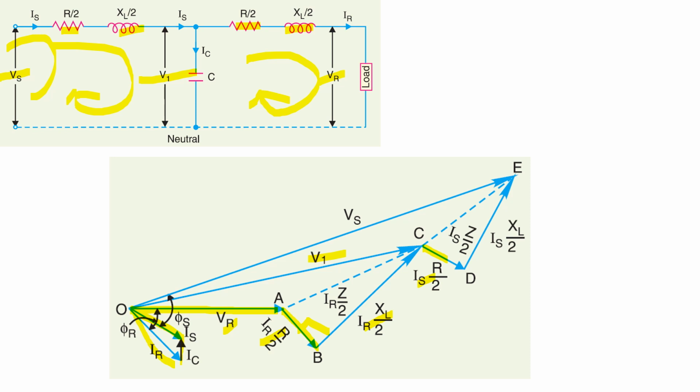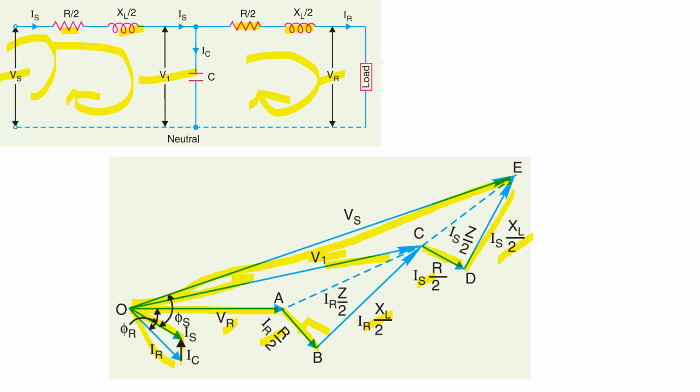The drop across the inductive reactance is 90 degrees ahead of this, so it will be Is into XL by 2. So this is V1, this is another, this is the third one. So finally I will get this Vs. The angle between this Vs and this VR is the phase angle delta.